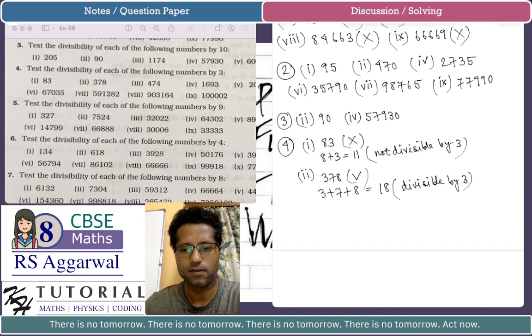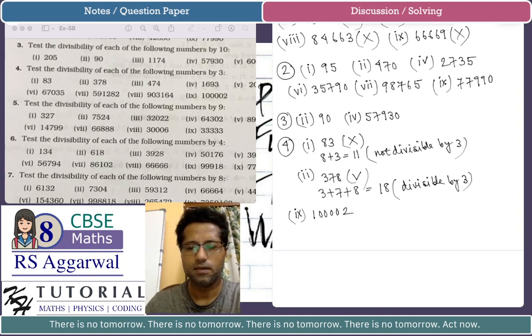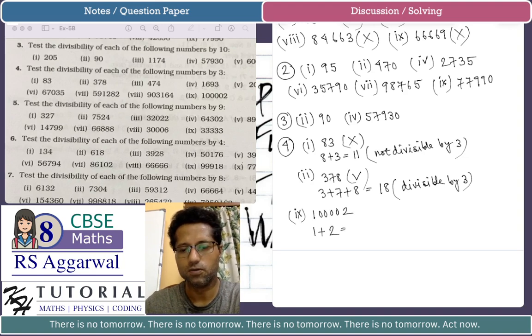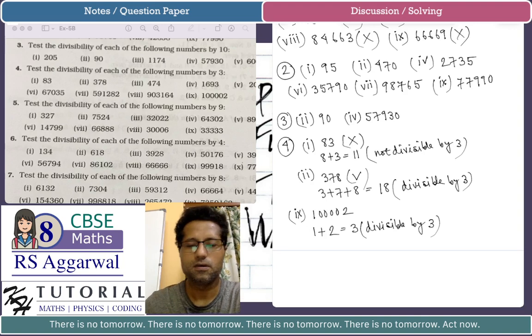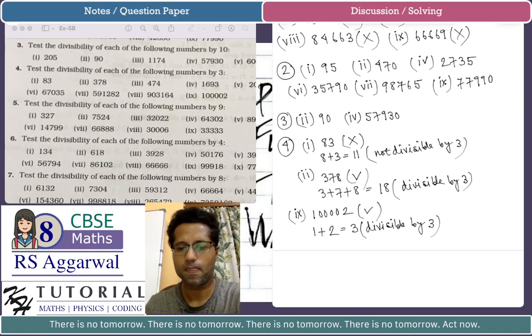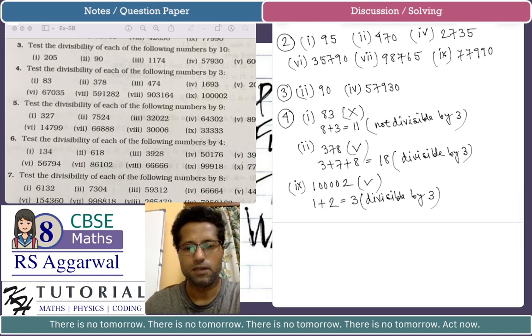Let's say 9. 9 is 1 0 0 0 0 2. So definitely the sum of the digits will be 1 plus 2. This is equal to 3, and this is divisible by 3, and hence the given number is also divisible by 3. Let's do 8.